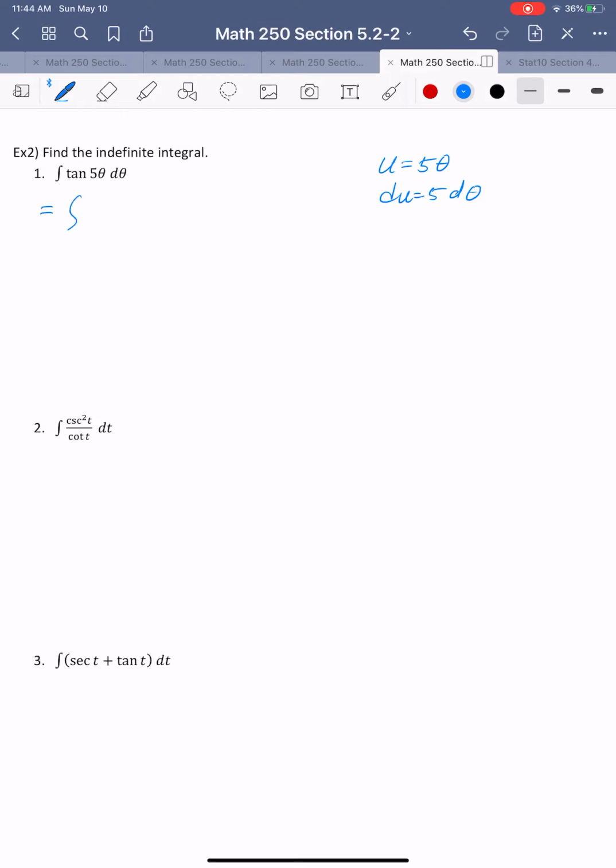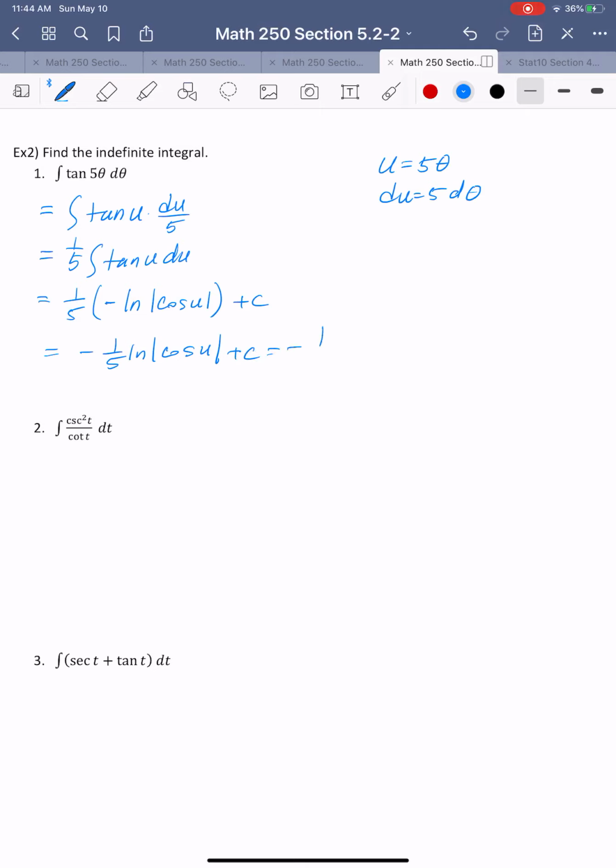So I have the integral of tangent u du over 5, which is 1 over 5 times the integral of tangent u du. The integral of tangent u is negative ln of cosine u plus c, so negative 1/5 ln cosine u plus c. And u is 5 theta, so negative 1/5 ln of cosine 5 theta plus c.